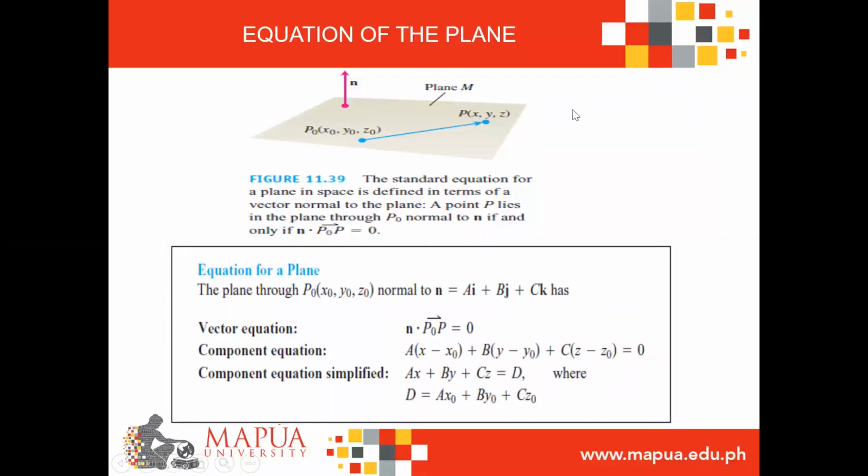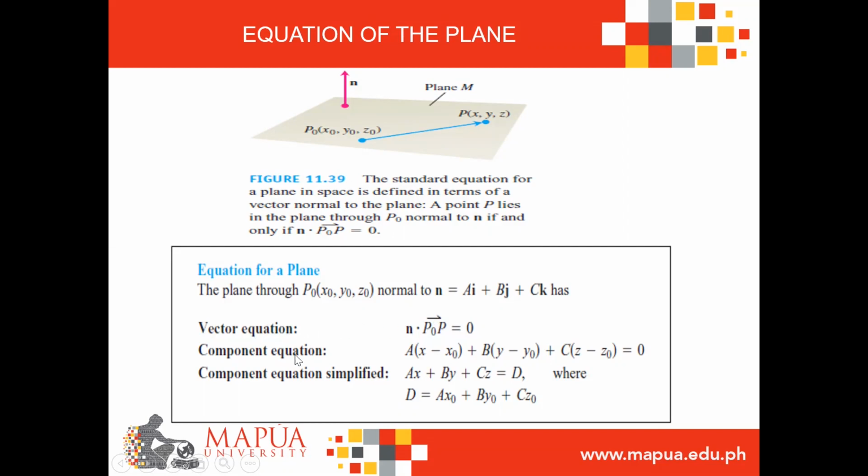To summarize the equation of the plane, we have here the plane through P sub 0, whose coordinates are x sub 0, y sub 0, z sub 0, as we can see from the figure, normal to n, meaning perpendicular to n, whose components, or n equals ai plus bj plus ck, or it's also equal to <a, b, c> in bracket form, has this vector equation n dot P sub 0 P equals 0.